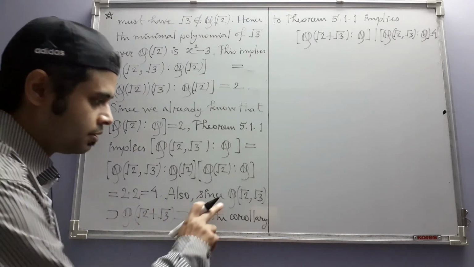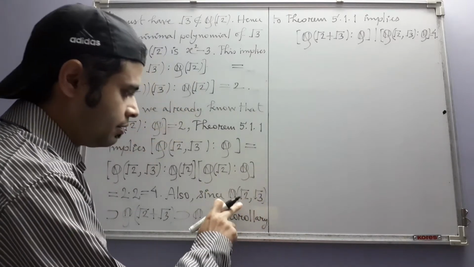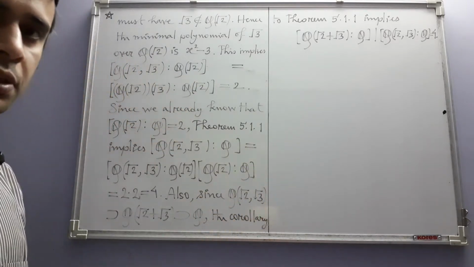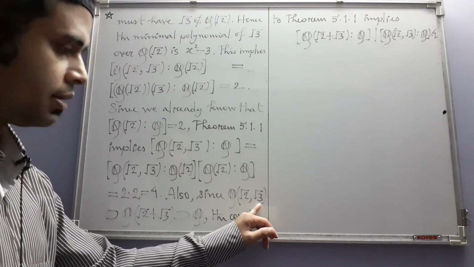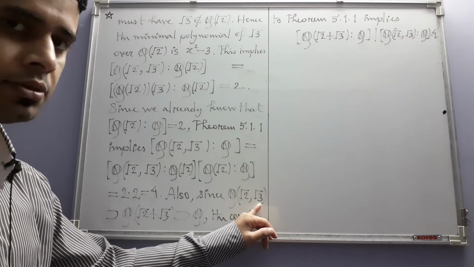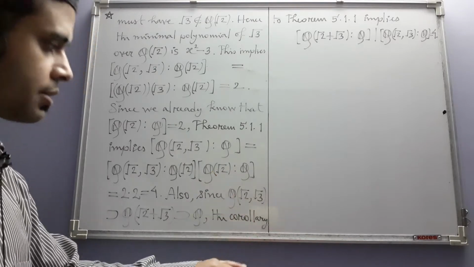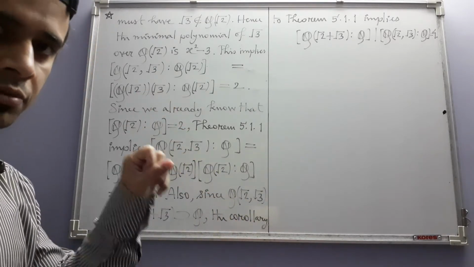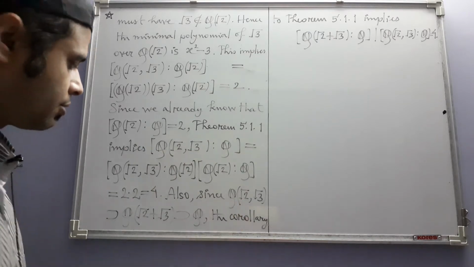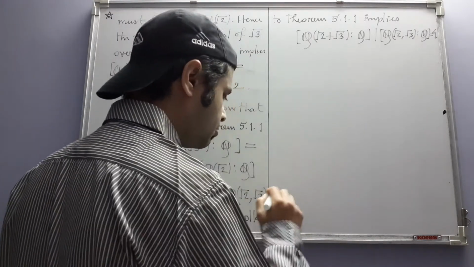See, this extension, besides having Q as a subset, also has the elements √2 and √3.